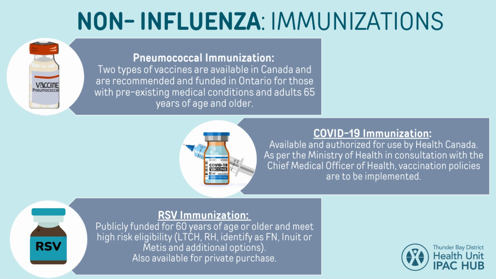The program includes individuals aged 60 years and older who are also either residents of long-term care homes, elder care lodges, or retirement homes, including similar settings, patients in hospital receiving alternate level of care, patients receiving hemodialysis or peritoneal dialysis, recipients of solid organ or stem cell transplants, individuals experiencing homelessness, and individuals who identify as First Nation, Inuit, or Métis.